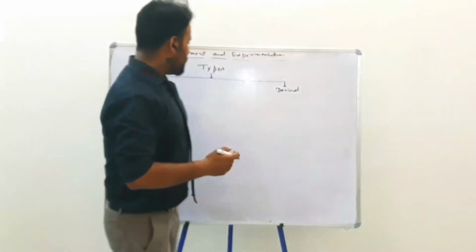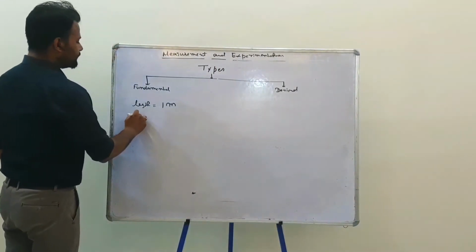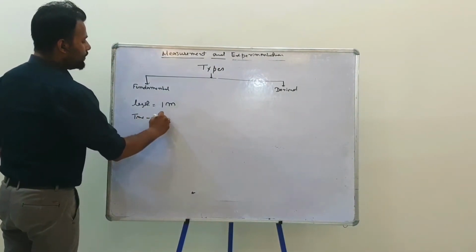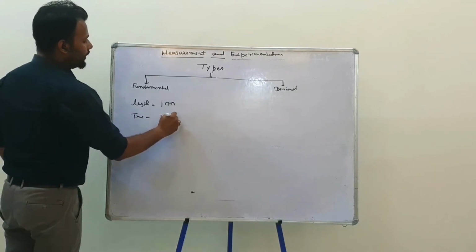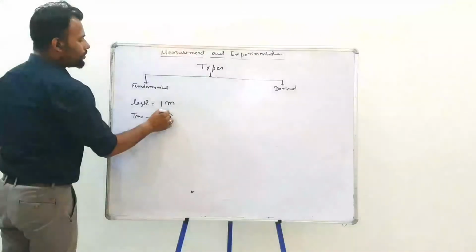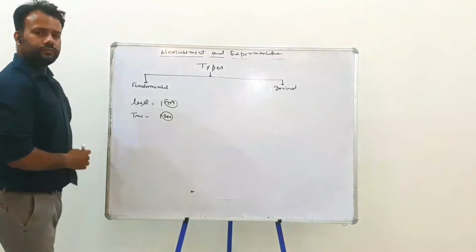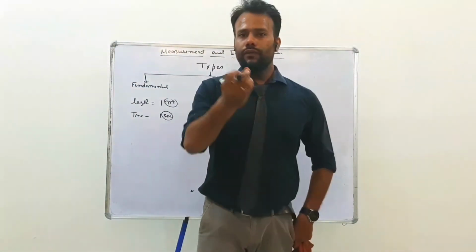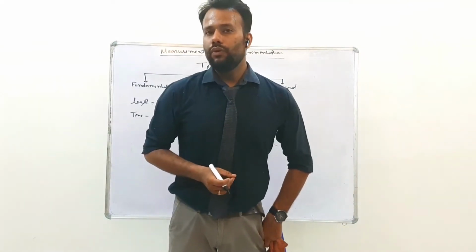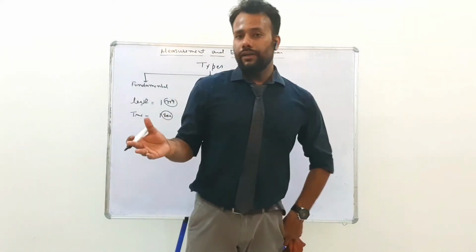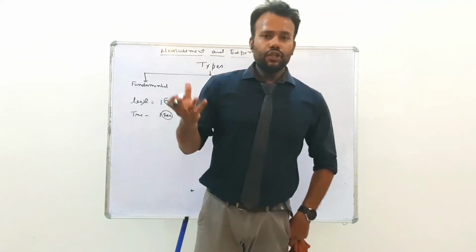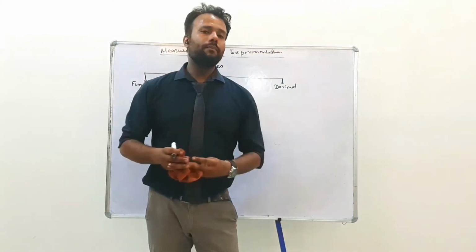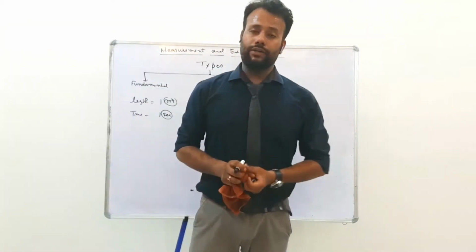For example, you say time, and time is, let's say, 1 second. Now let's talk about the second here. Do you need any other unit to define the second? No. It is independent.